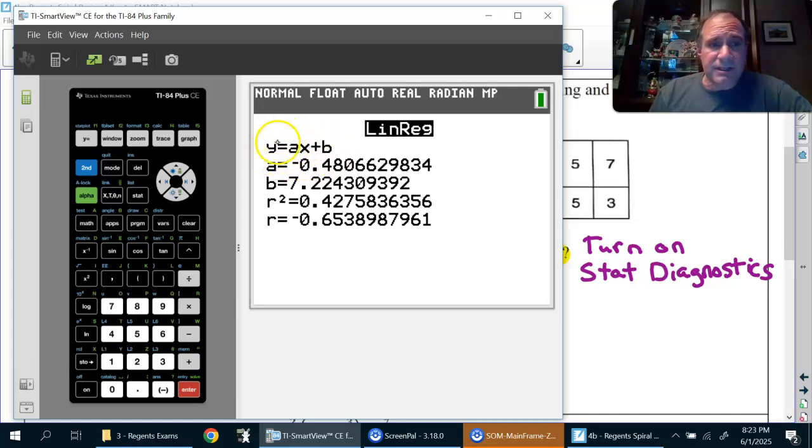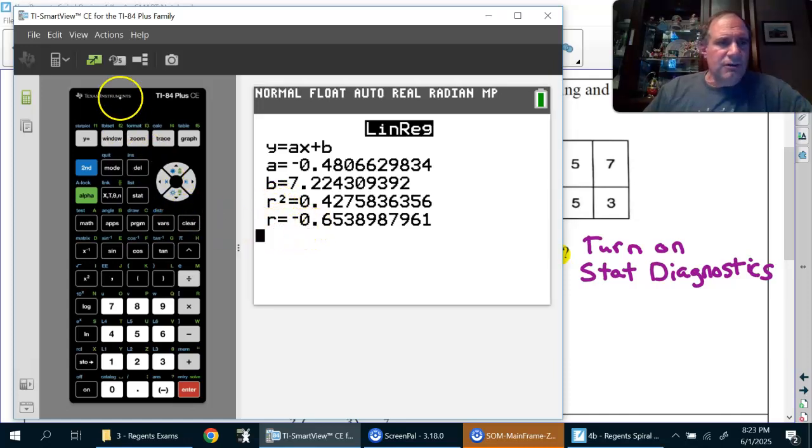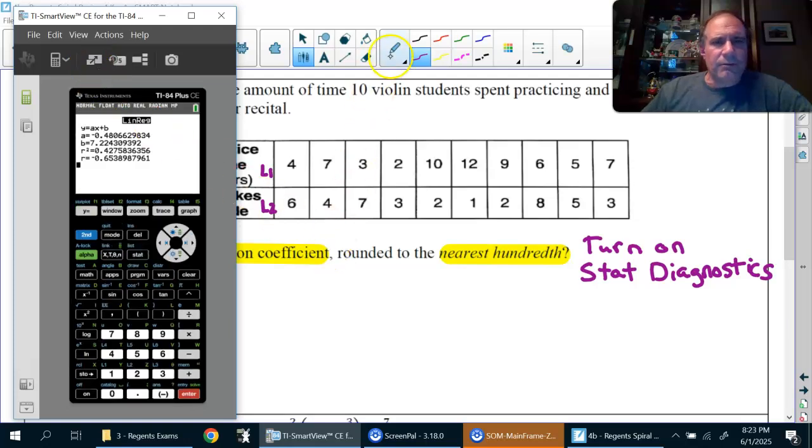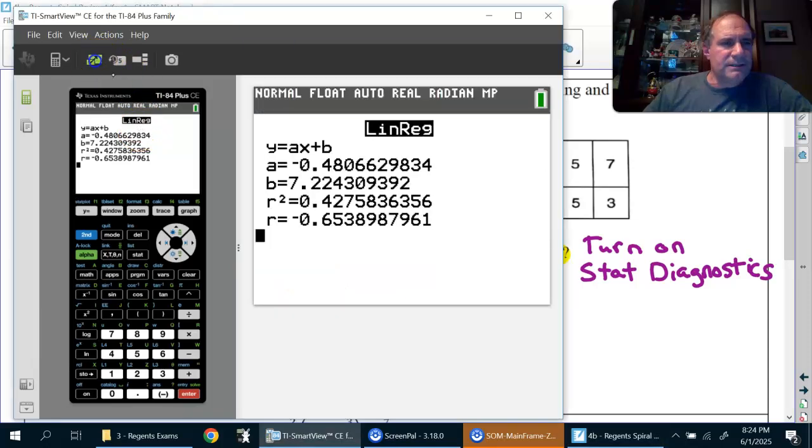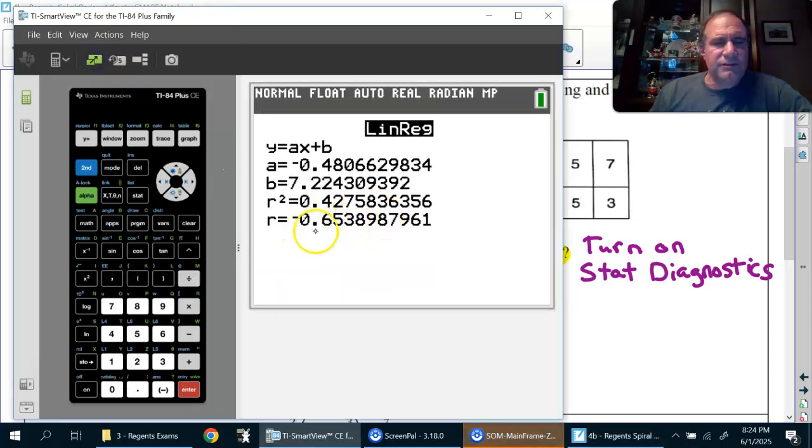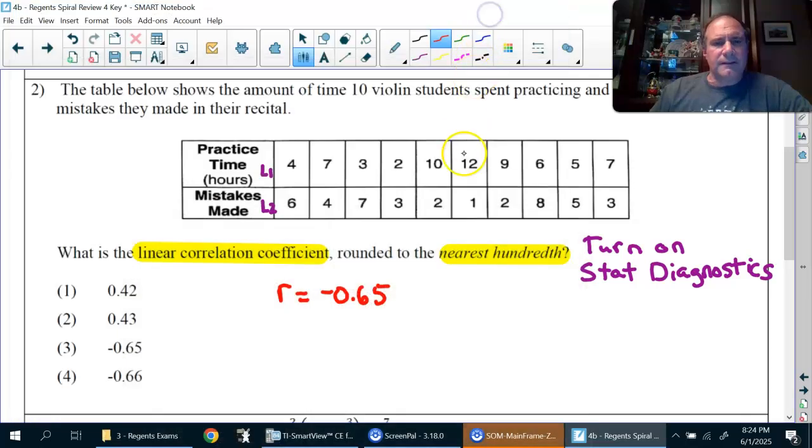You see where the calculator says y equals ax plus b, but the R, not the R squared, is the correlation coefficient. So we are going to round this to the nearest hundredth. So this is R equals negative 0.65, because this is a 3, so it stays a 5. All right, negative 0.65.